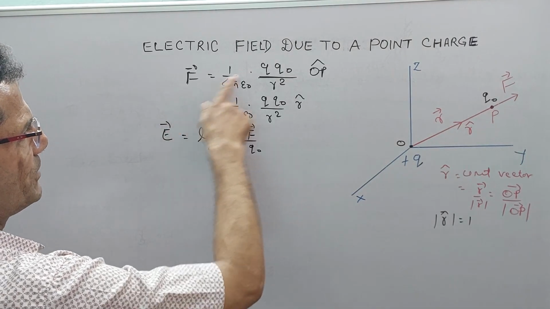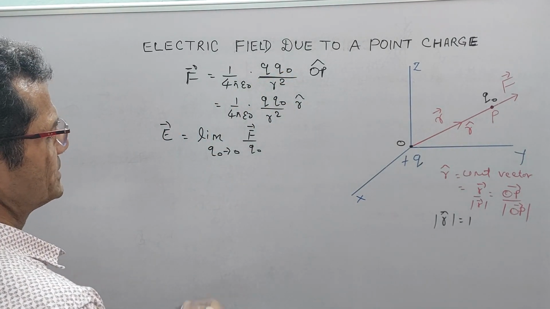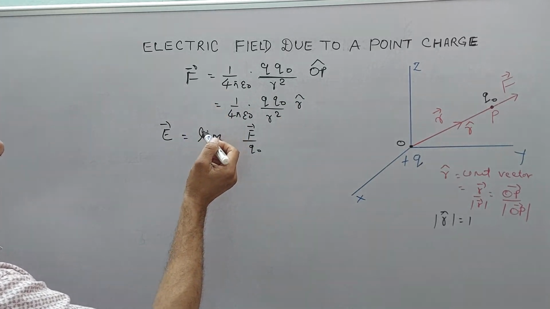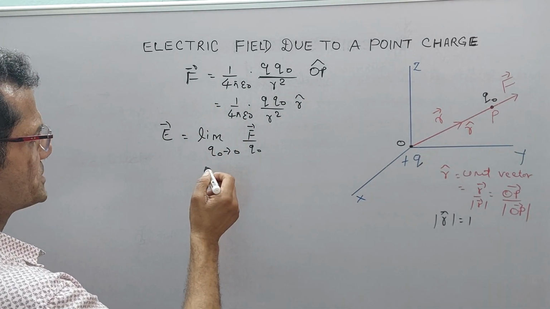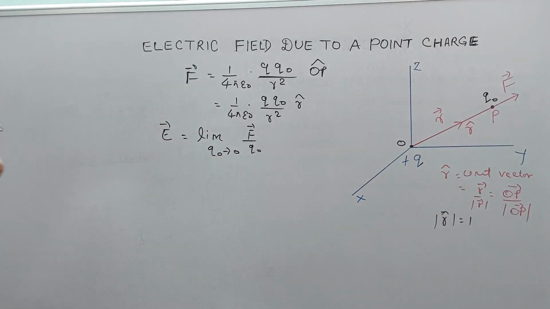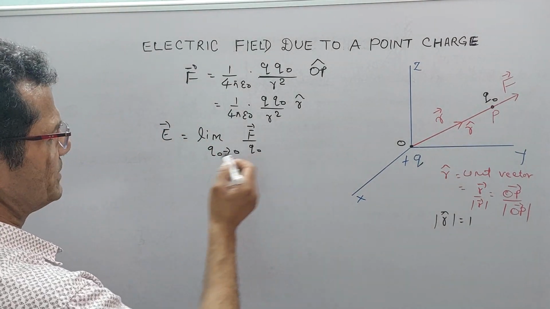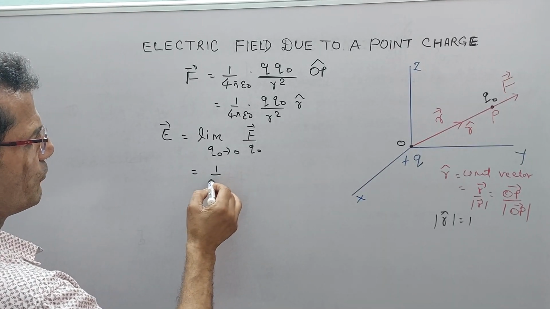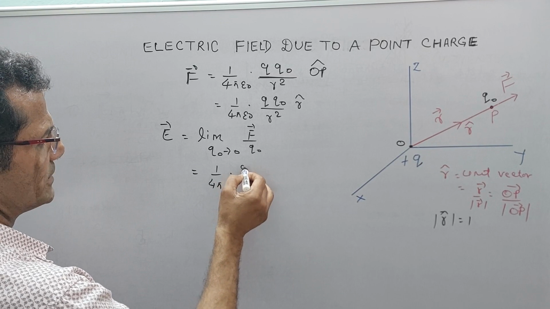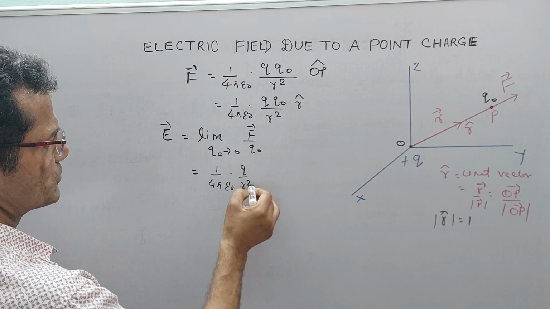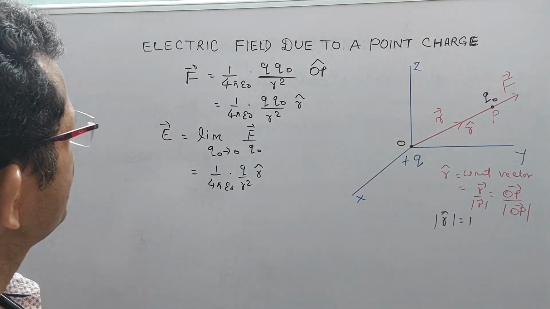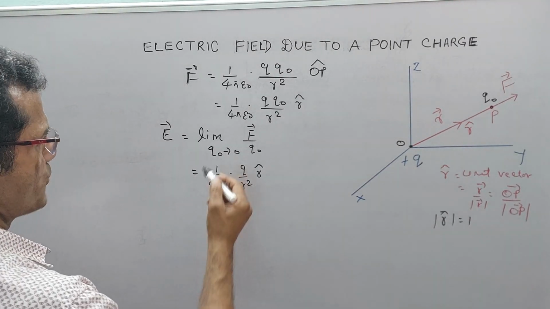If I divide this force by Q naught, we will get the electric field at the point P. That electric field will be 1 upon 4 pi epsilon naught, Q, the source charge, divided by r square, in r cap. So this is the value of the electric field here.